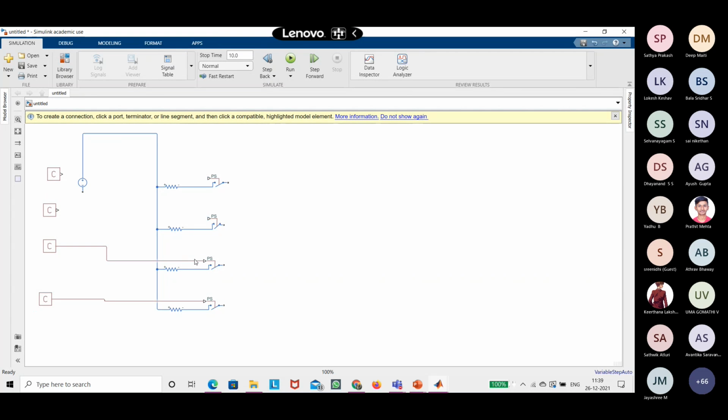Connections: this will go to the switch. Then I have to connect this over here as well.